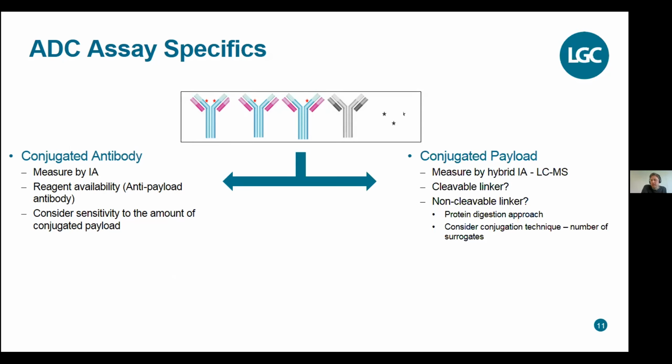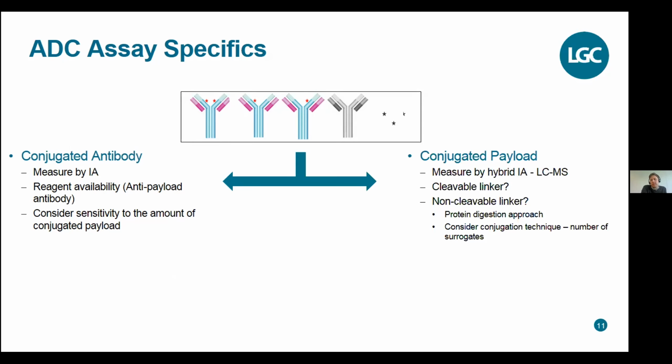We do need to consider with this approach whether that linker is cleavable or not. If it is, that makes it a lot easier. We can use an enzyme to cleave the linker and just use the LCMS to measure the free payload. If it's non-cleavable, like I said, we'd need to use a protein digestion approach.